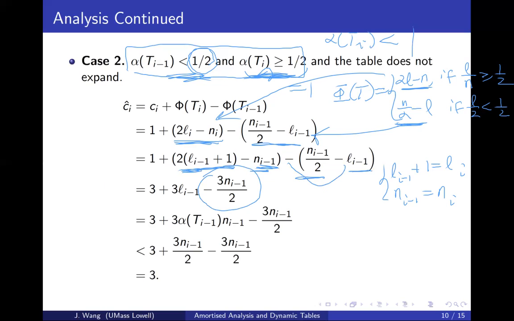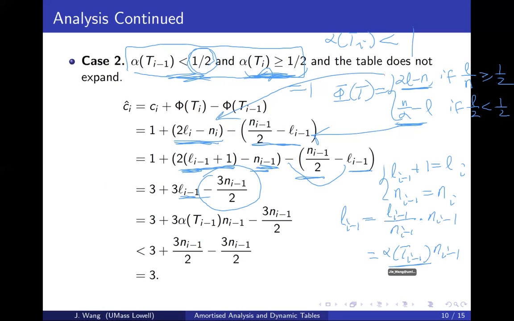Okay, so then for this Li minus 1, I can write it as Li minus 1 over N sub i minus 1 times N sub i minus 1. So this is alpha Ti minus 1 times N sub i minus 1.